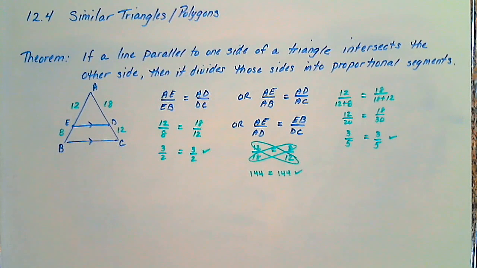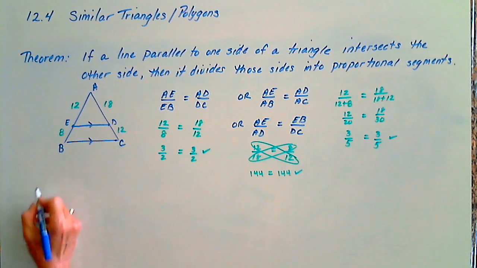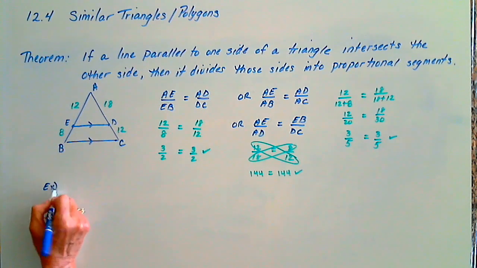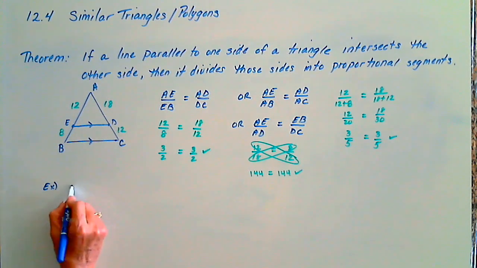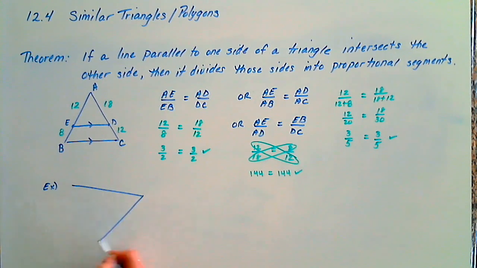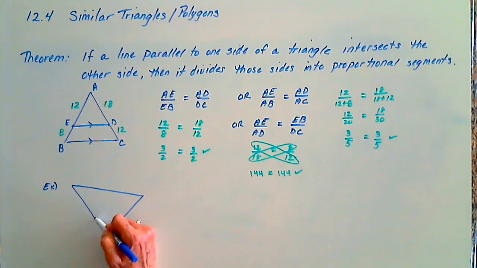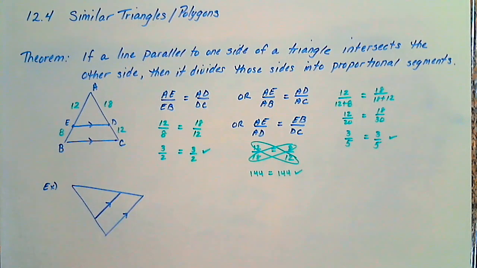So for example, let's take a look at a problem on this one, and we can solve it several ways. Let's say, for example, I give you the following picture. I think you can see this okay. Hopefully it's not too dark. We still have a power outage. I'm going to tell you that these two lines are parallel.